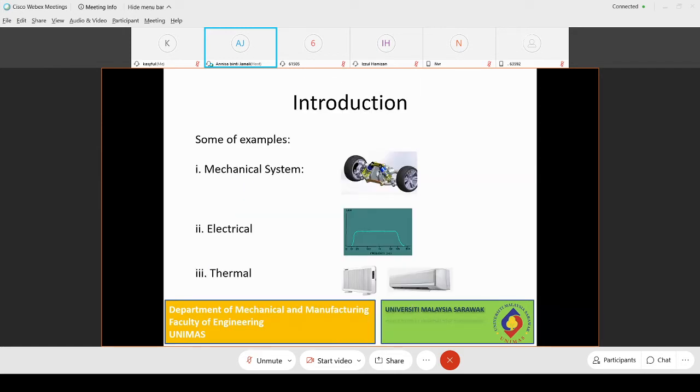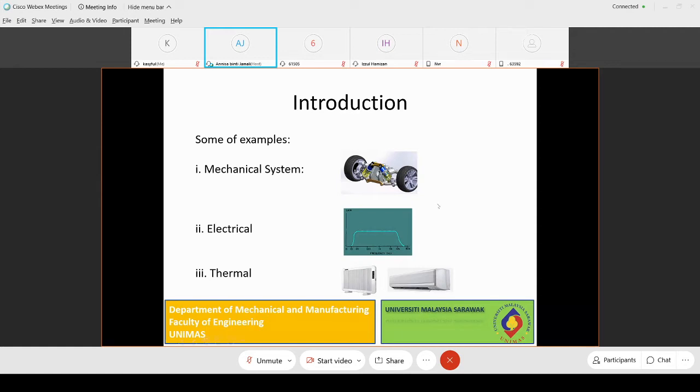Now let's look at some examples of systems that we can represent using the second order. The first one is a mechanical system. As you can see here, this is a car suspension system. We can represent this car suspension system in the form of a second order differential equation. The second one is electrical.